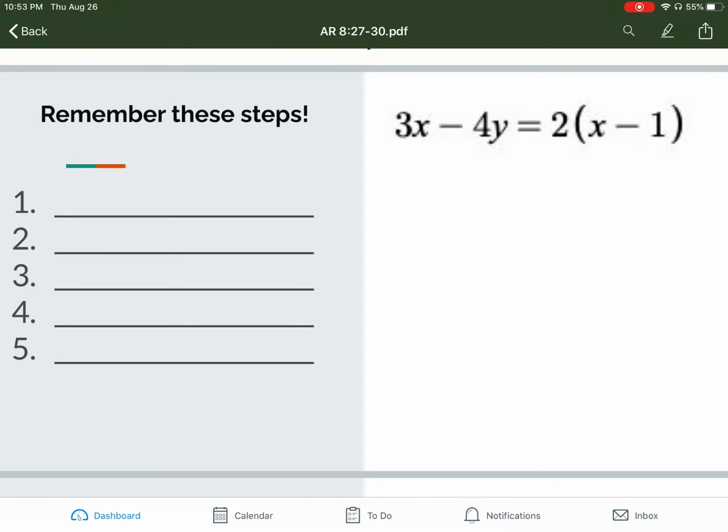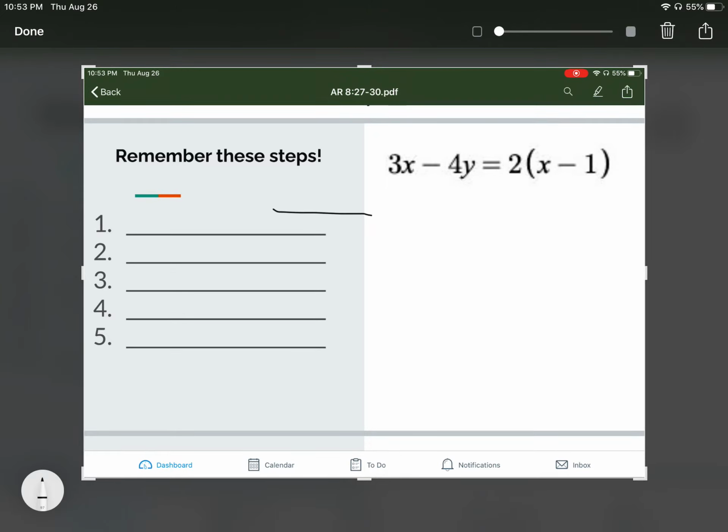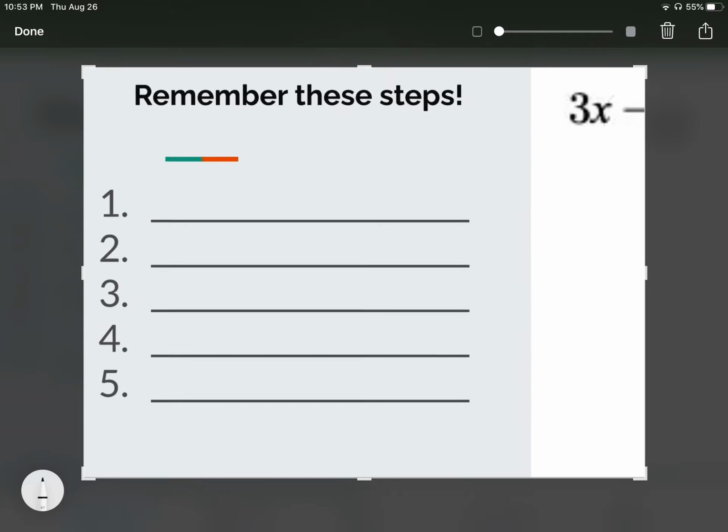So first thing we're going to do is remember the actual steps by filling in these blanks over here. We went over the same 5 steps all week long. The first step is distribute. Yes, you should probably write these down. Second step is combine. We're going to move our answer.